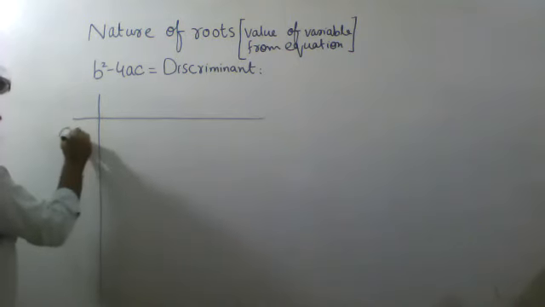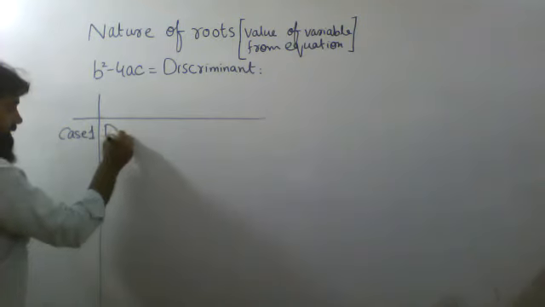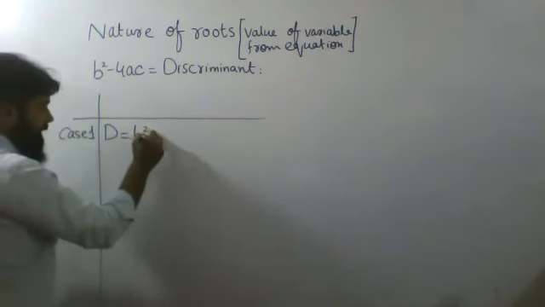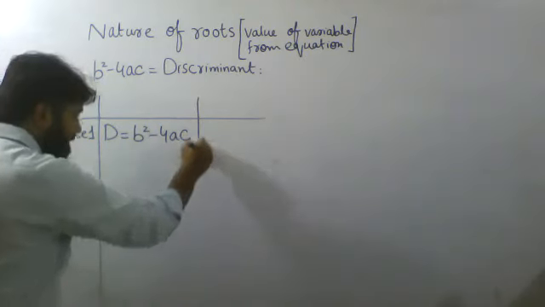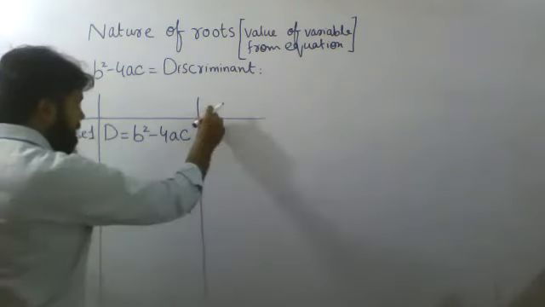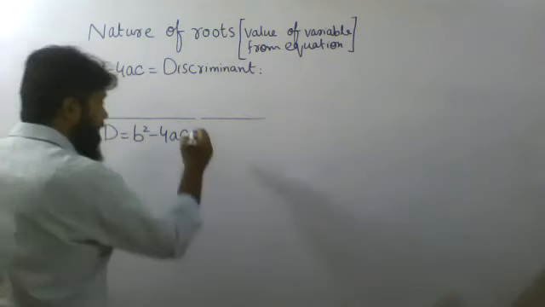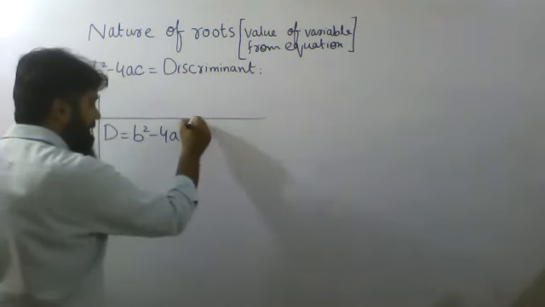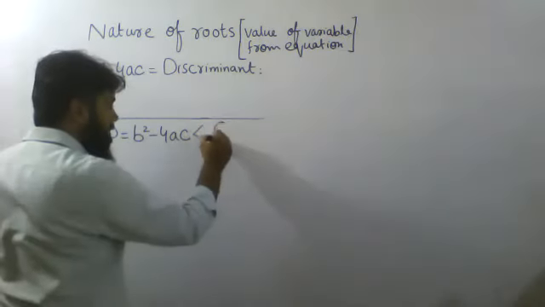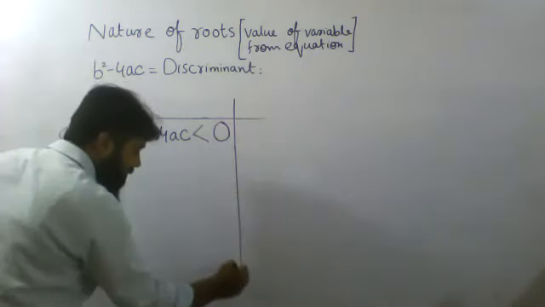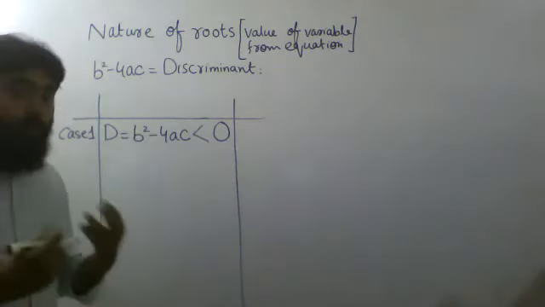Case 1, when your discriminant, which is b square minus 4ac, will be lesser than 0. Then what kind of roots are you going to have? What kind of values?